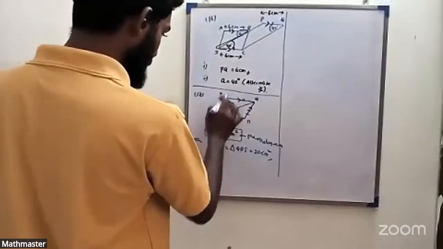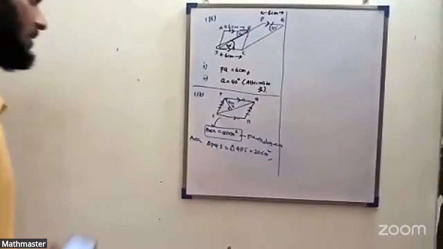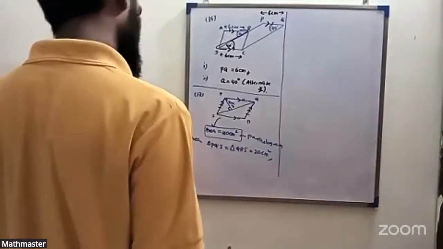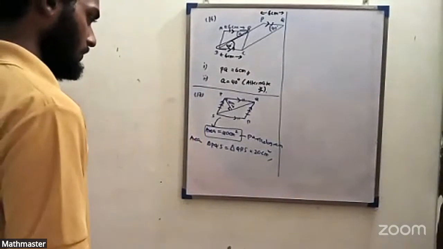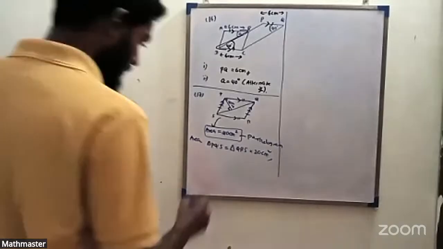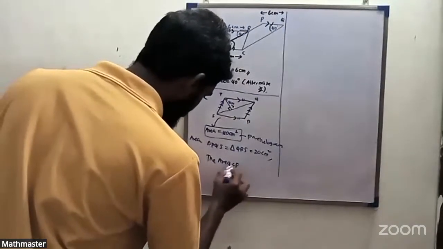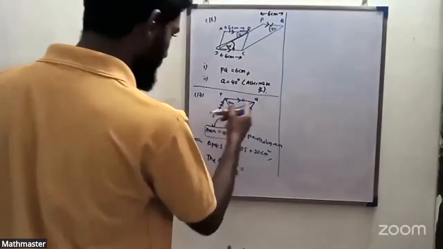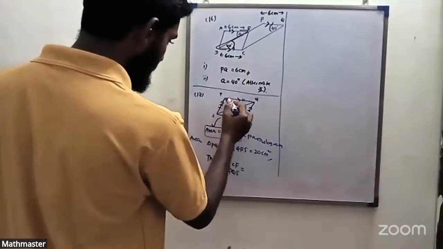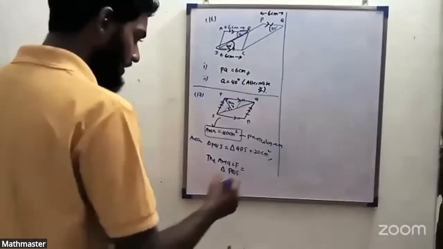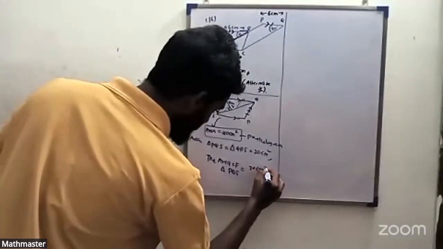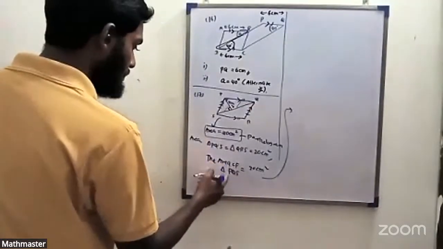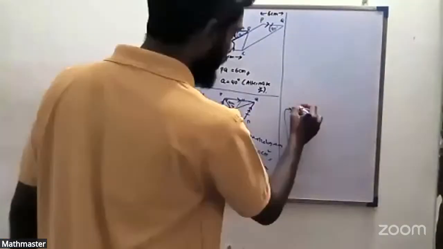Right? Now we have to consider this one. Let's take one triangle, triangle PSQ. What can you say? The area of triangle PQS is equal to 20 centimeters square. That is sure. Then the area of triangle PQS, what is the area formula for a triangle?